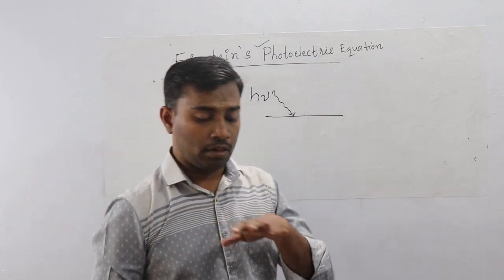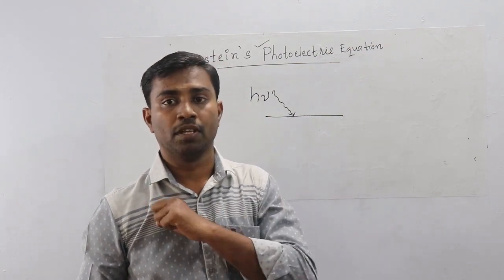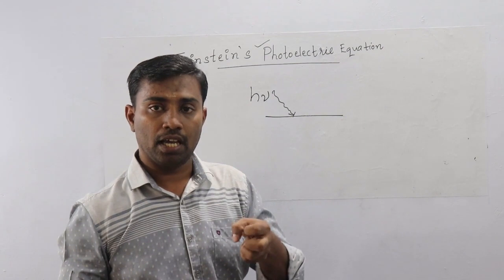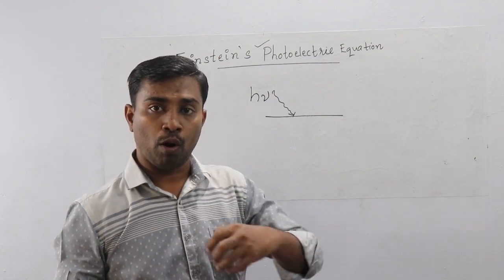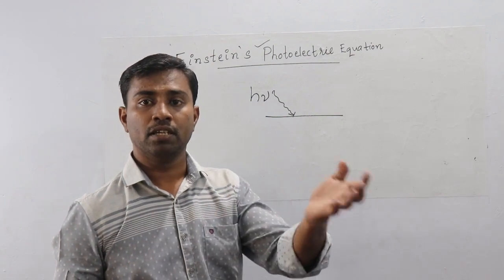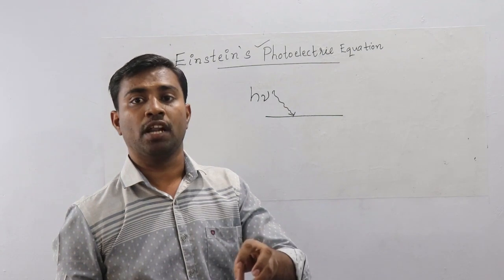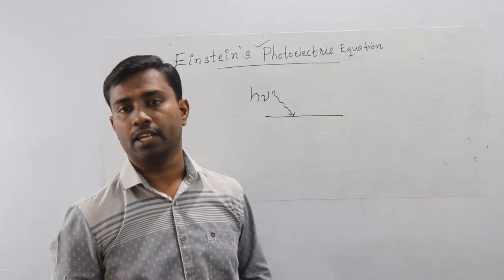On the metal surface, many electrons are there. The electrons gain energy in order to overcome the work function, so an electron is emitted, and some of the energy is used to increase the kinetic energy.